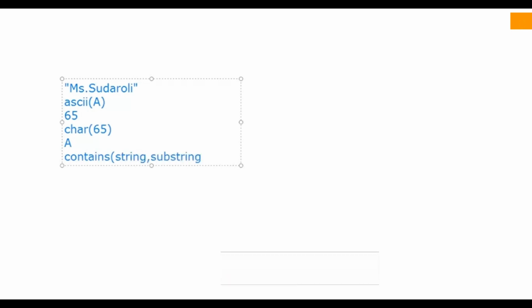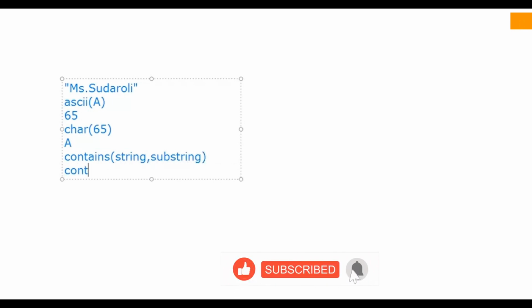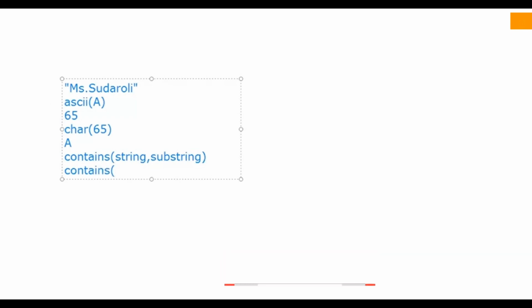So probably I will make use of it in this way. Contains, maybe I'll give the string as Mumbai. Okay. And then the substring, maybe I will give mum as the substring. Okay. So this is equal to true. You will just check if it is equal to true.